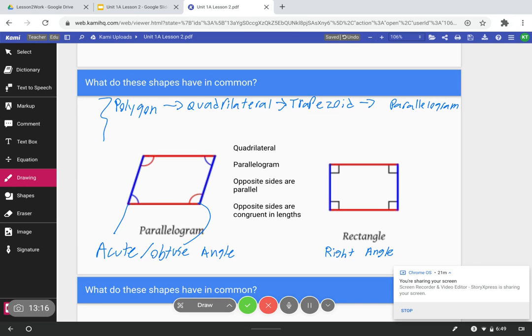These shapes go into polygon because they have at least three sides. Y'all know the drill. Quadrilateral because they have four sides. Trapezoid because they both have at least one pair of parallel lines. And finally, they are both parallelograms because they have two pairs of parallel lines.